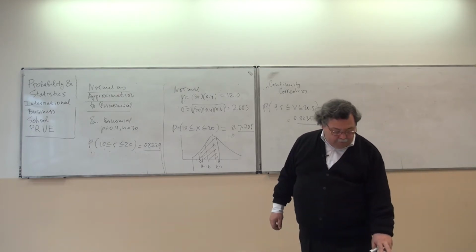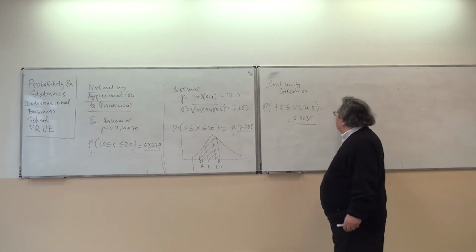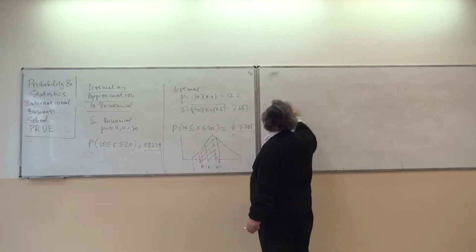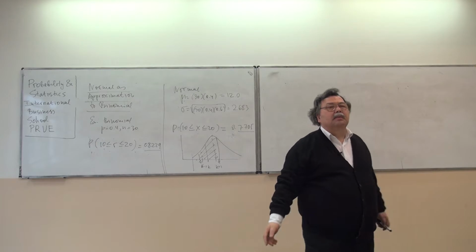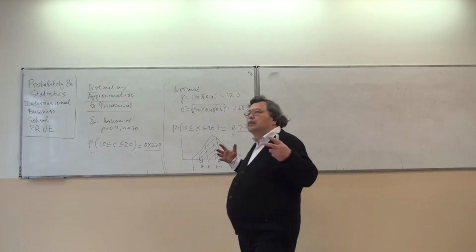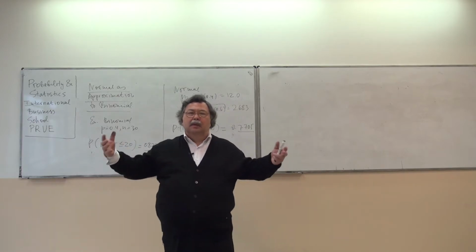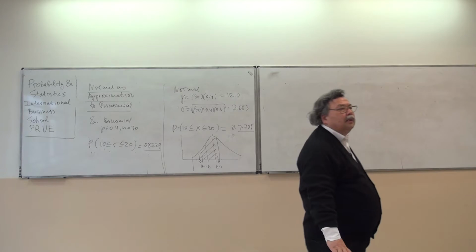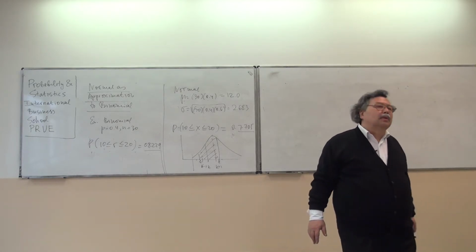All right. Now, this said, let me tell you that the normal distribution is the most widely used distribution when some processes are modeled in economics, for example. But it's not really universal.